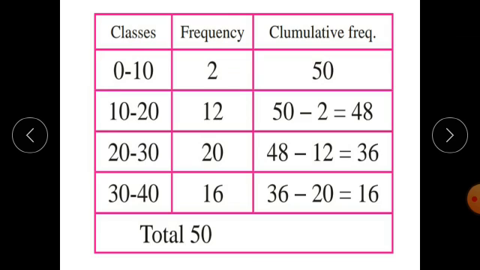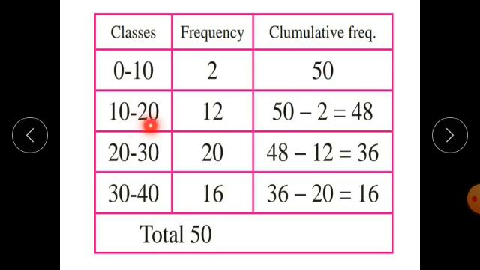So here for the class 0 to 10, frequency is 2. It is given. So cumulative frequency is 50, because the total frequency is 50. So for the class 0 to 10, more than or equal to type cumulative frequency is 50.